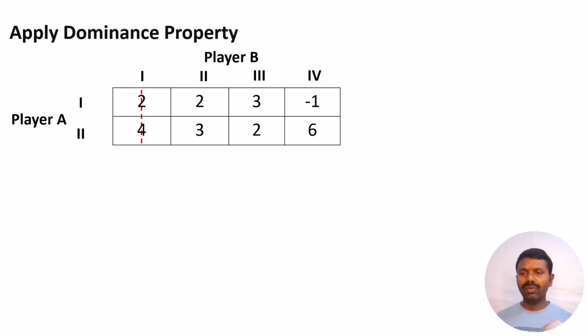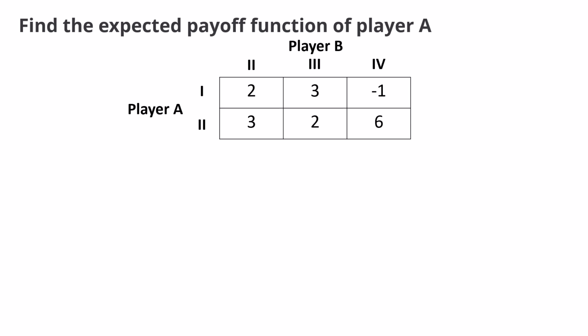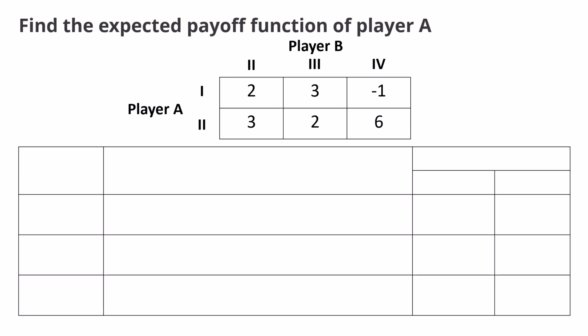So now we need to find the expected payoff function of player A, and here only three strategies, strategy 2, 3 and 4 from player B, and strategy 1 and 2 from player A are left. So now we need to find the expected payoff function. Let us make a table.